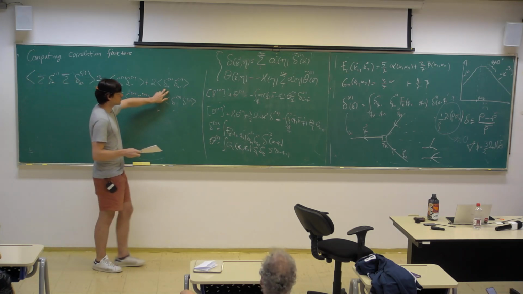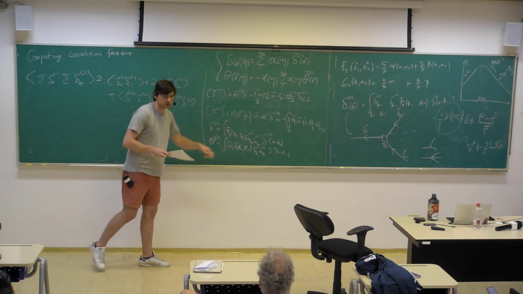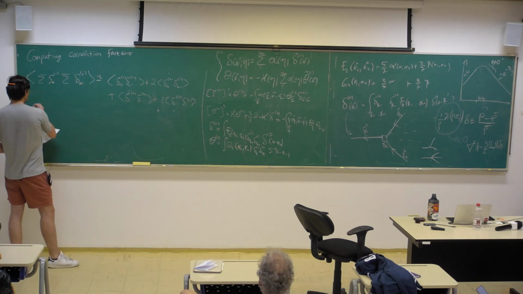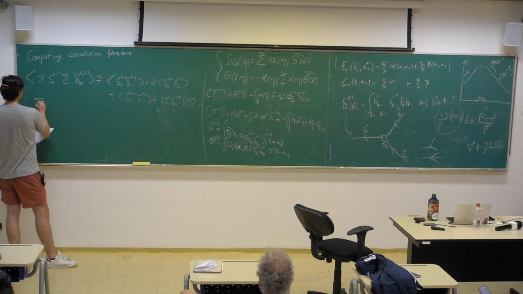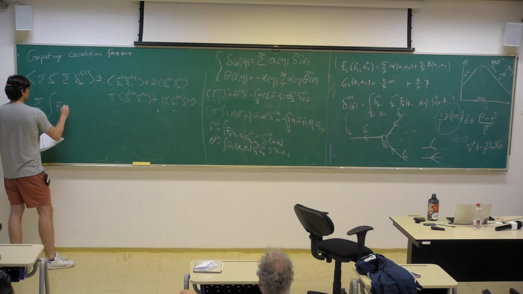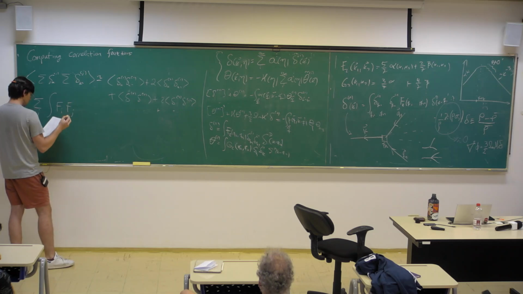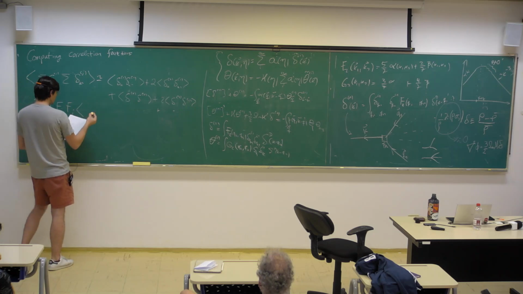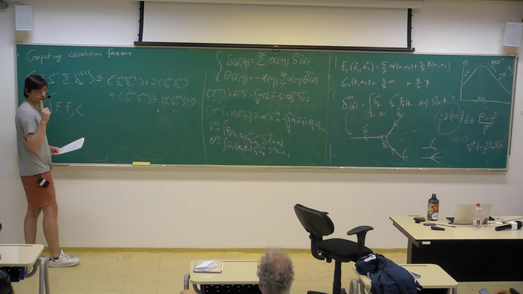So morally, what do each of these correlation functions look like? Well, if I take my expression for delta 2 over here, it's F2 times delta linear. And so always what I will get is a sum over terms ij, some integral over my Fi, Fj mode coupling kernels, and then a correlation where every single field is linear and Gaussian.